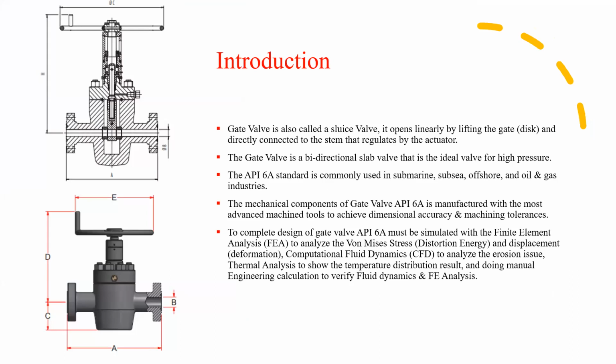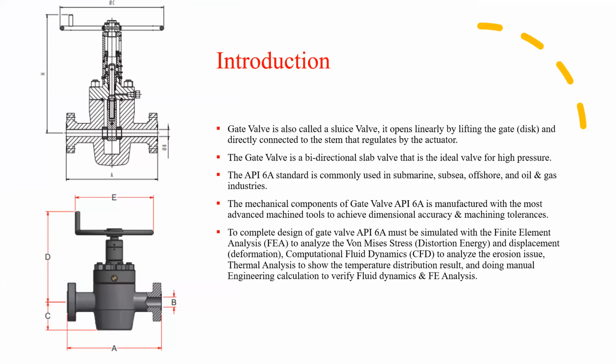Introduction. So we know our project is a gate valve. The other name of the gate valve is a sluice valve. The gate valve is opened linearly by lifting the gate disc, which is directly connected to the stem that is regulated by the actuator. The gate valve opens and closes linearly, that means it moves up and down.